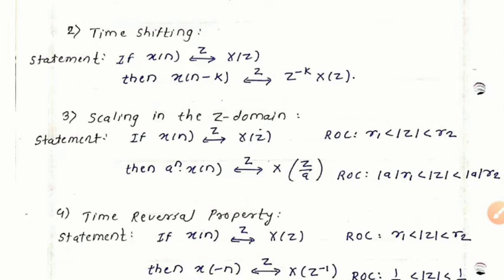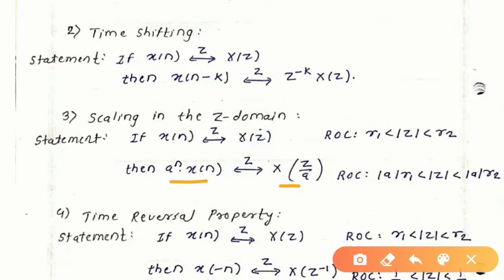The statement shows that if x of z is the Z transform of x of n, then a raised to n into x of n has a Z transform of x of z upon a.